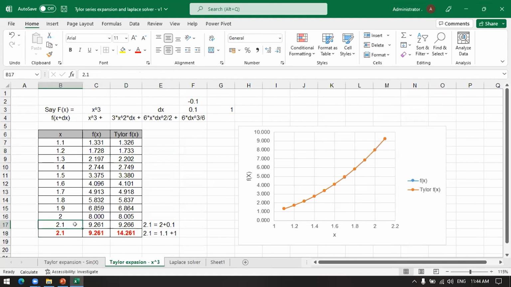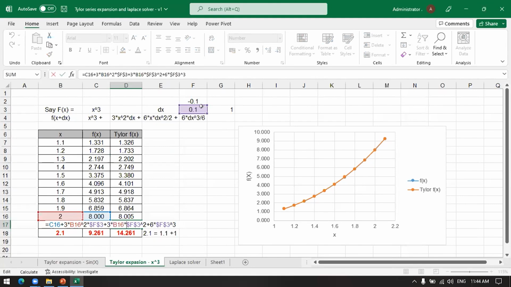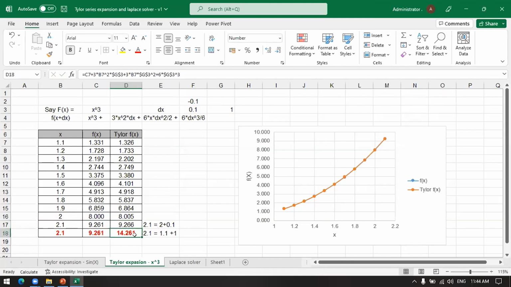When I evaluated it here for 2.1 using the Taylor series expansion, I used the dx as 0.1. What is the meaning of that? I used the value of the function at 2 and I used an increment of 0.1 to estimate the value at 2.1. What is happening in the second case?